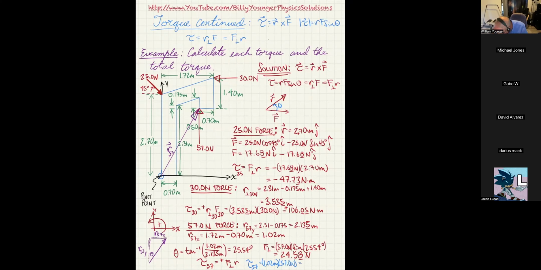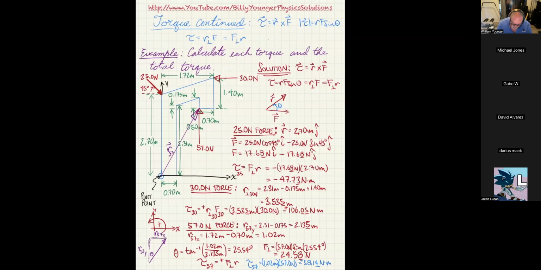So 57.0 times 1.02 gives me 58.14 Newton meters. And that's one extra digit than is acceptable. Okay. So now we have all of our torques.